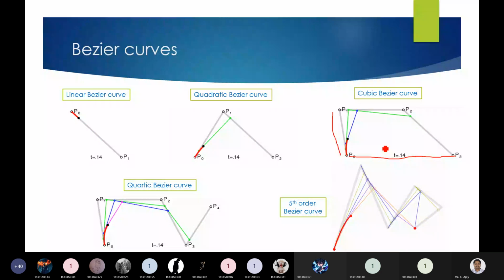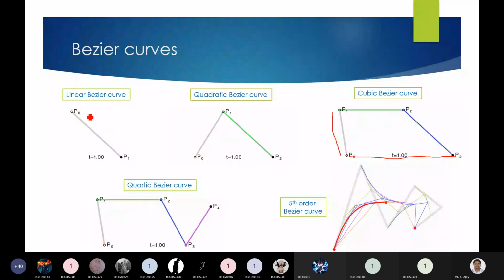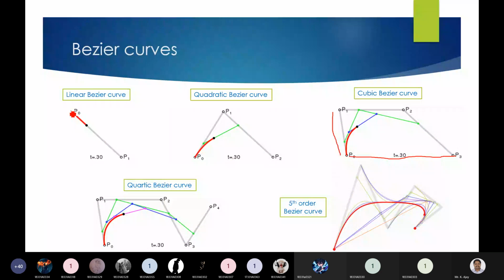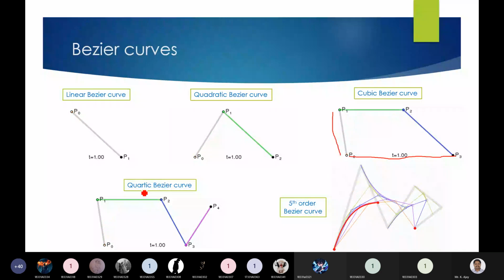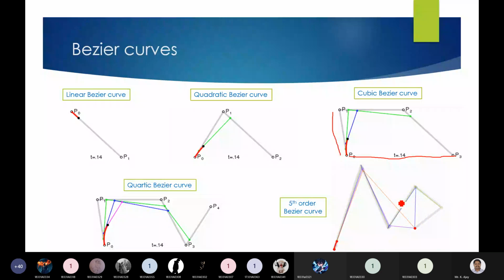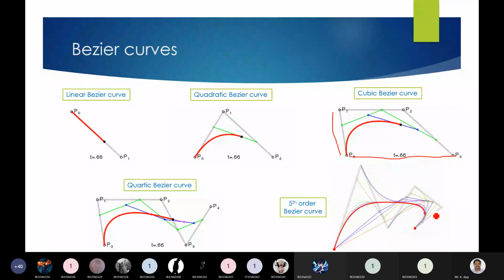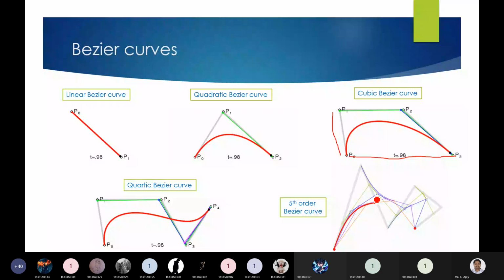For example, if you take the first one, I'm using 2 control points, so the degree of the Bezier curve equation would be only 1. Similarly, if you take 3 control points, the degree of the equation would be 2, 3 minus 1. Similarly, 4 minus 1, you get a cubic Bezier curve. 5 minus 1, you get a quartic Bezier curve. Similarly, if you take 6 points and try to generate a Bezier curve, the degree of the equation would be of the order of 5.